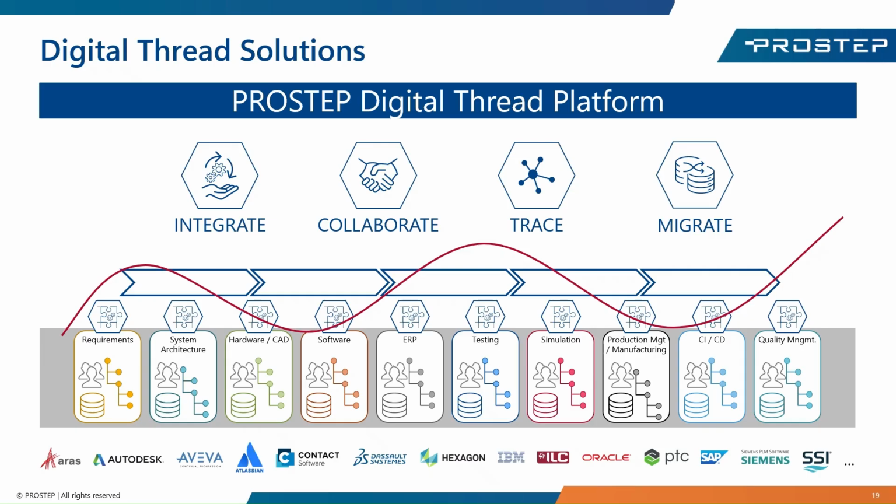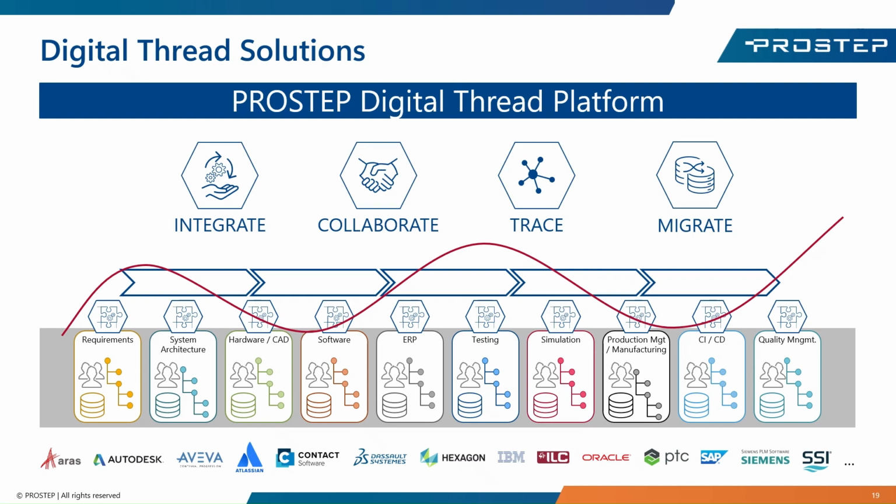The foundation of the digital thread platform are the connectors to the various vendor systems supported through those APIs and those technical partnerships. So what we're after really is the status data, the authoritative source of truth that's contained within the databases.